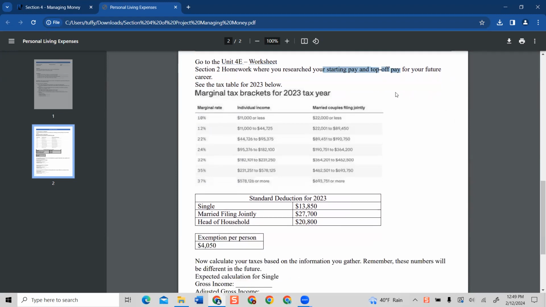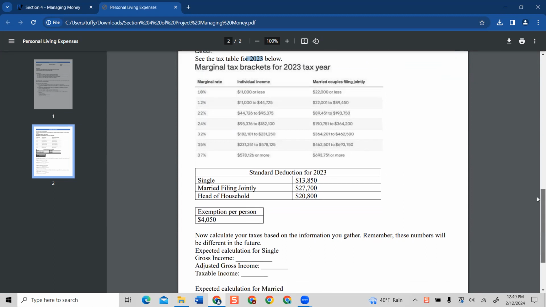And again, remember, by the time you graduate and get that job, the income may be more, which is great, but you're just getting an idea today. This tax bracket came from this year or last year, 2023. So you're going to base this information on that.